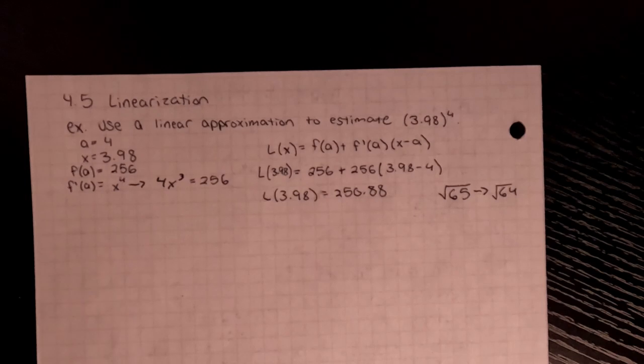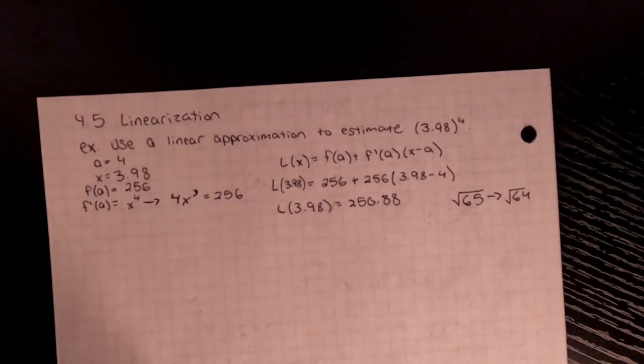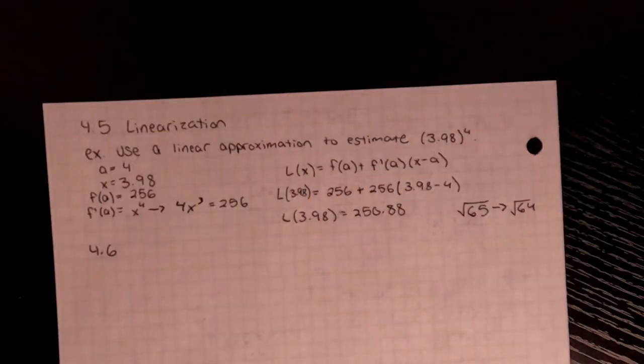Okay, we're on to our last section, thank goodness. 4.6. So 4.6, we talked about related rates, and related rates occur when you have two variables changing at the same time in a problem, and we have to get our equation in terms of one of those things to figure out the problem.